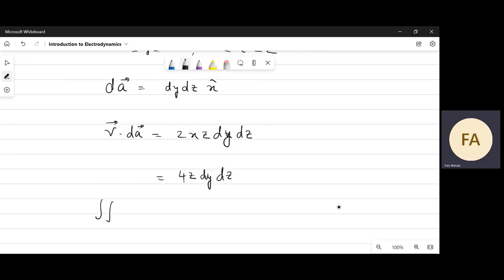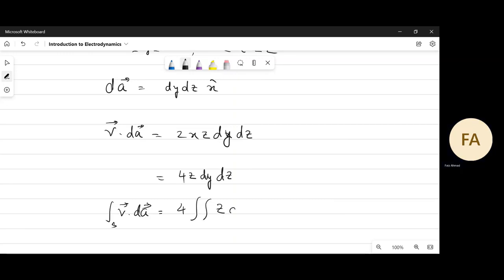So the integration is v dot dA. Here we can put a single integral with surface S, and on the other side we have to put a double integral of 4z dy dz, going from 0 to 2, 0 to 2.